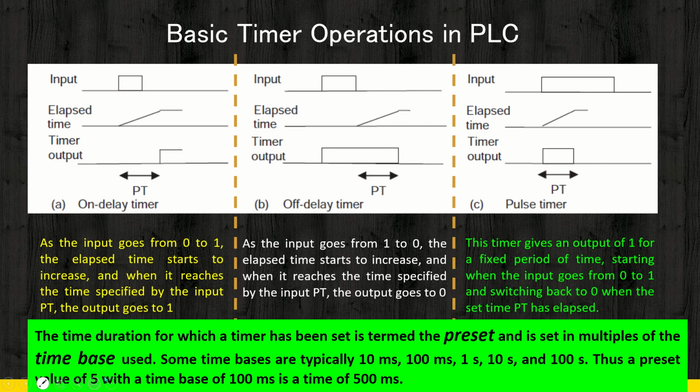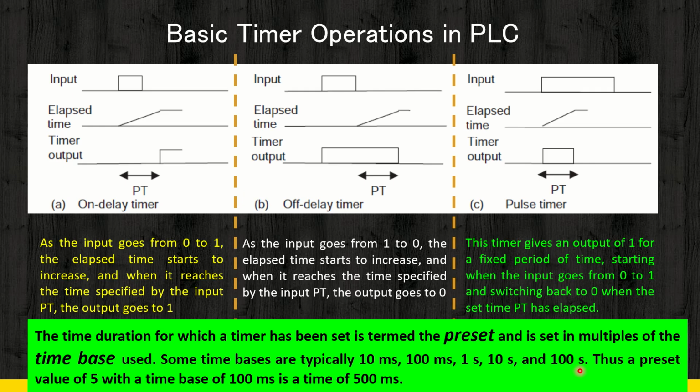This time base is a very important concept when dealing with timers. The time bases typically available with PLCs are 10 millisecond, 100 millisecond, 1 second, 10 second and 100 second. The basic point is why we use a time base: to have a very wide range of preset time durations.